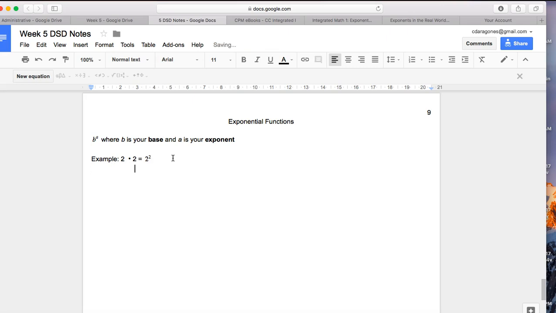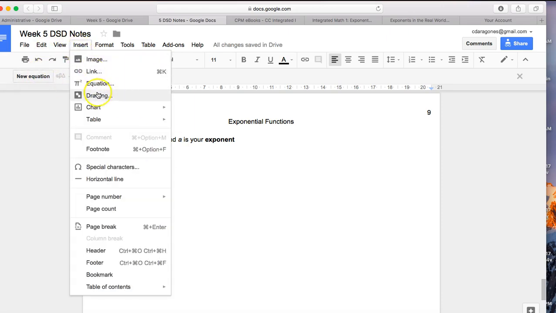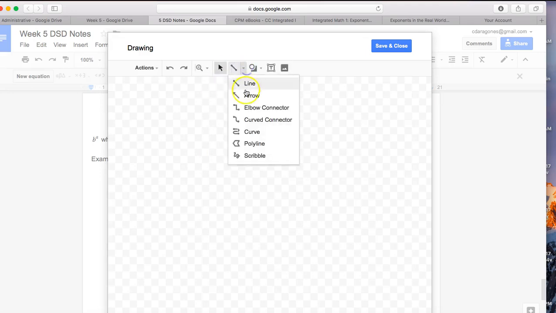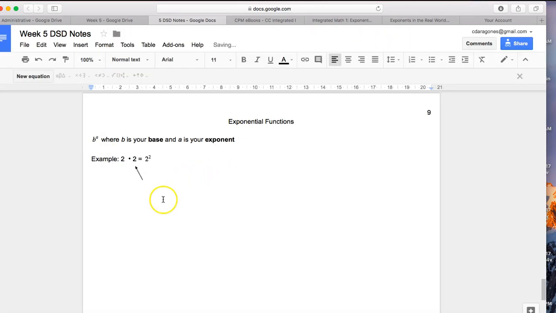So the base, let me write that out. A little arrow. Base is the number you will be multiplying to itself.